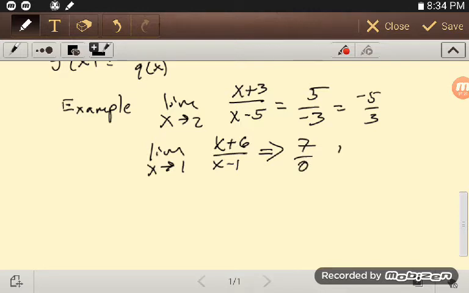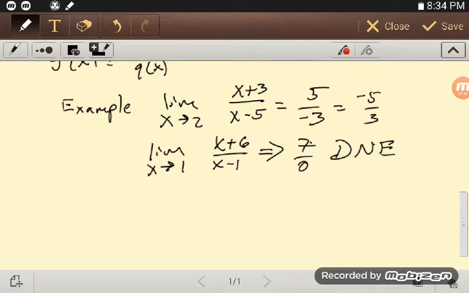Undefined, does not exist. Now, we would need to do a little more work to decide whether both sides head to infinity, because anytime I have a constant over 0 like that, this is going to head to either positive or negative infinity, but it matters a lot what sign we have here.